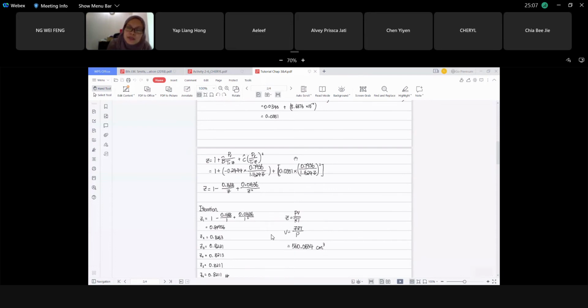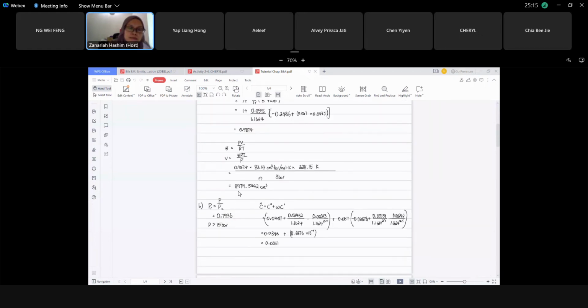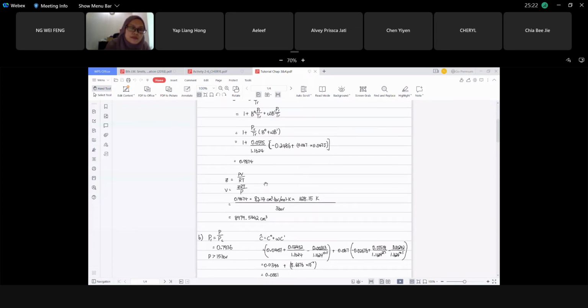Yang pakai table kat belakang tu, Lee Kessler. Ada tak orang yang buat pakai Lee Kessler? Yeah, but it's very close kan? Sekejap. Okay.